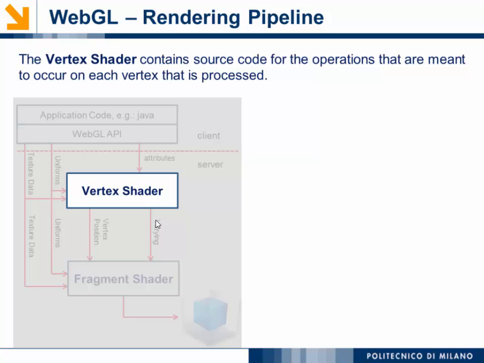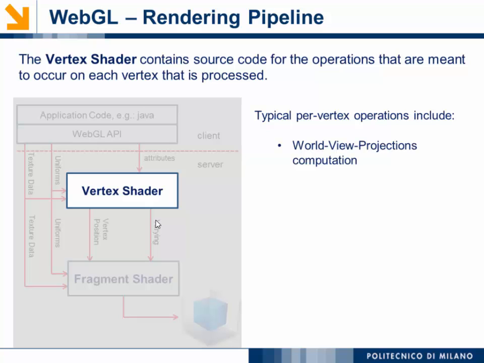In the vertex shader, we have all those operations that we want to perform over each of the vertices of our model. Vertex shader operation for each vertex. Typical operations are, for example, the computation of world view projection.